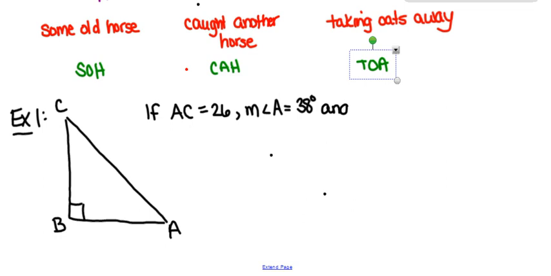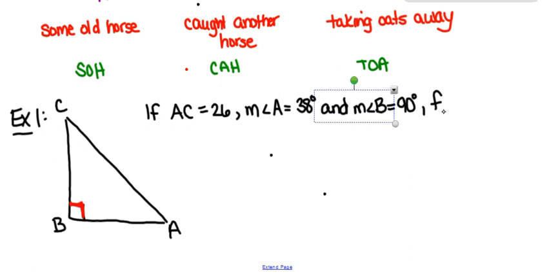And the measure of angle B is 90, which is a little bit redundant because we can already see from the picture that the right angle is at angle B. I want you to go ahead and find the length of side AB to the nearest tenth.